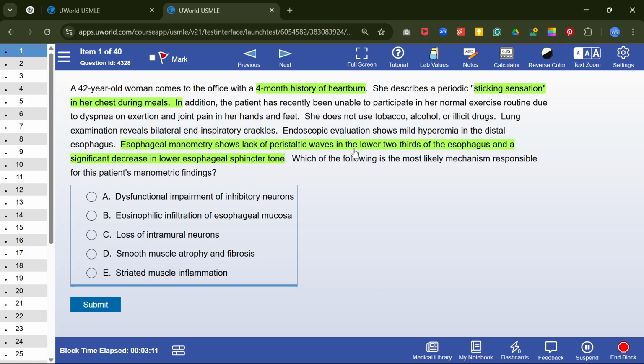Is it achalasia cardia? Achalasia? Or you are thinking scleroderma, like, yes, joint pains in her, yes.